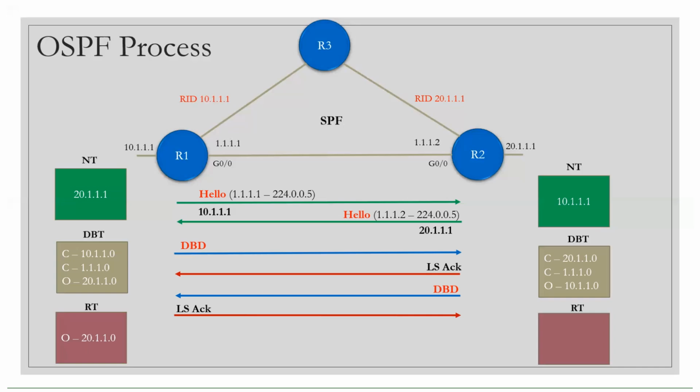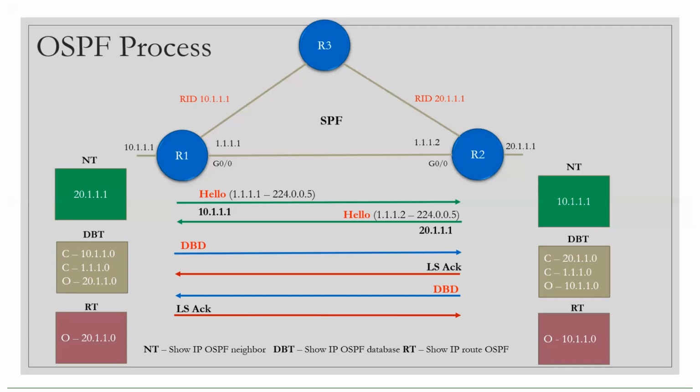And that route will be plugged into the routing table as OSPF 20.1.1.0. Similarly, on the other end, you'll have OSPF 10.1.1.0. Pretty simple. So we have got three kinds of tables here, and we have seen two kinds of packets: hello packet and the DBT packet, and of course the link state acknowledgement as well.